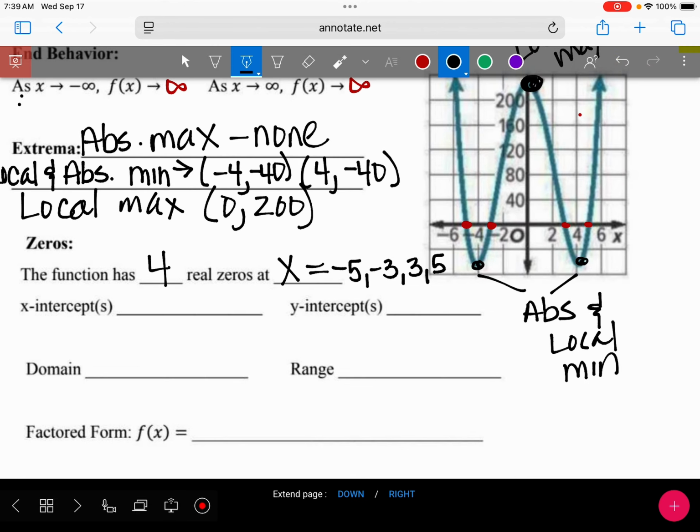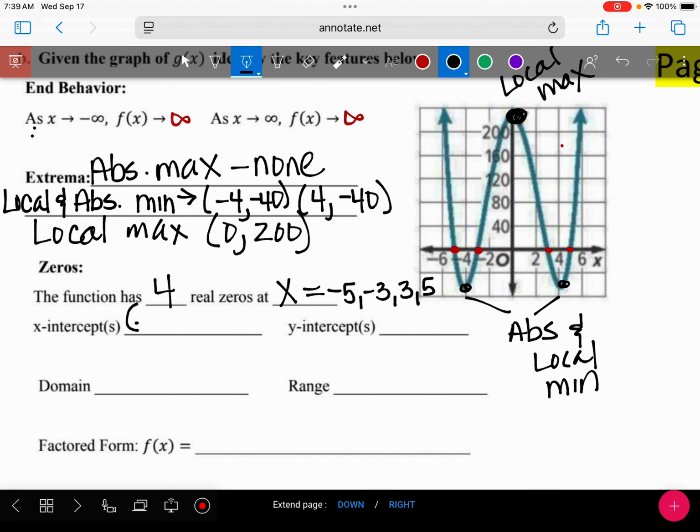Let's go ahead and write that as our x-intercepts. They did not give us a lot of space. And your y-intercept looks like it's about 0, 200.